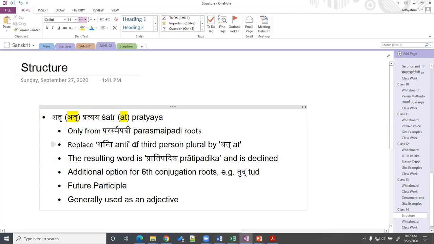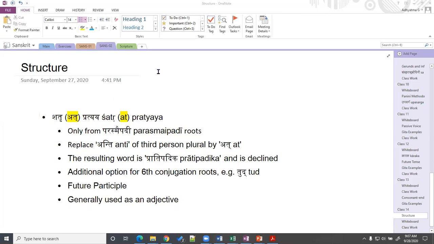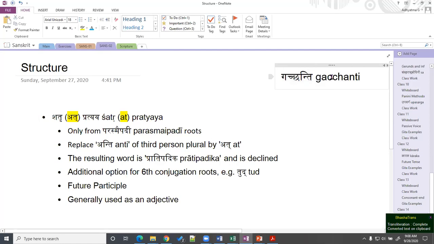The way you make the form of this suffix is by adding the at instead of anti. So third person plural of a word. So if you make, for example, gam dhatu, gachanti, that is the third person plural of gam. So all you have to do is you remove this anti and replace it by at.